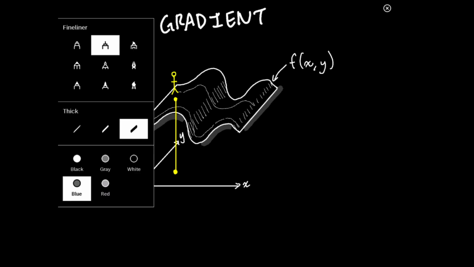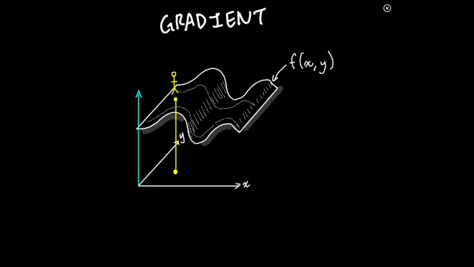Now, say that I want to know which direction I would have to travel to go up the steepest incline. So let's just look at where the person is. It looks like it kind of goes uphill in this direction. And if I traveled this way, that would be the steepest direction that I could travel. I would be going up the fastest that I could.